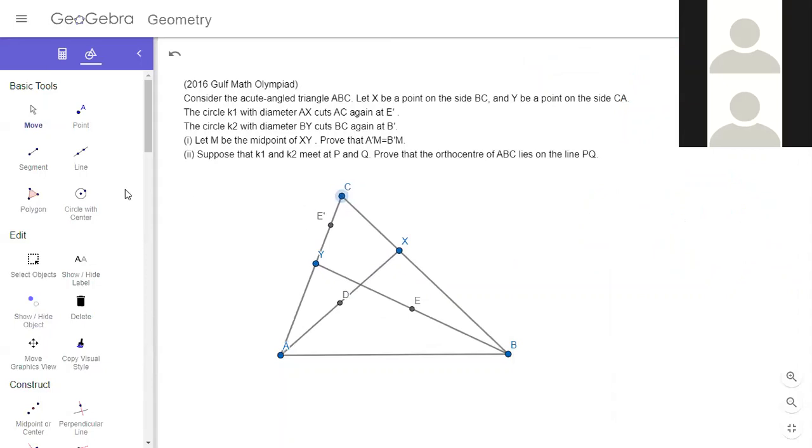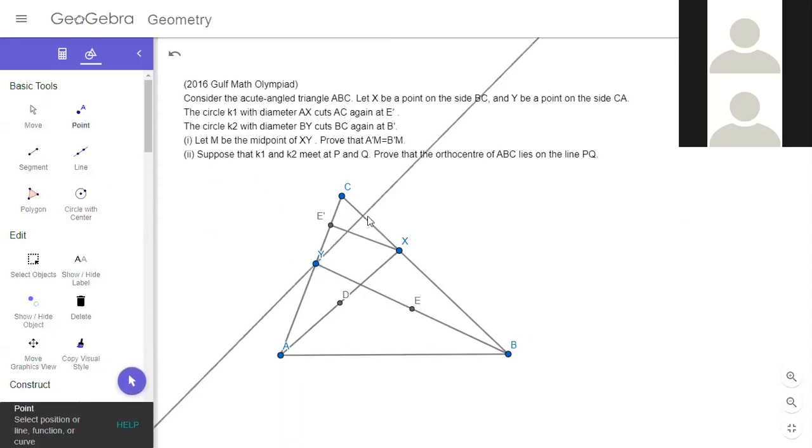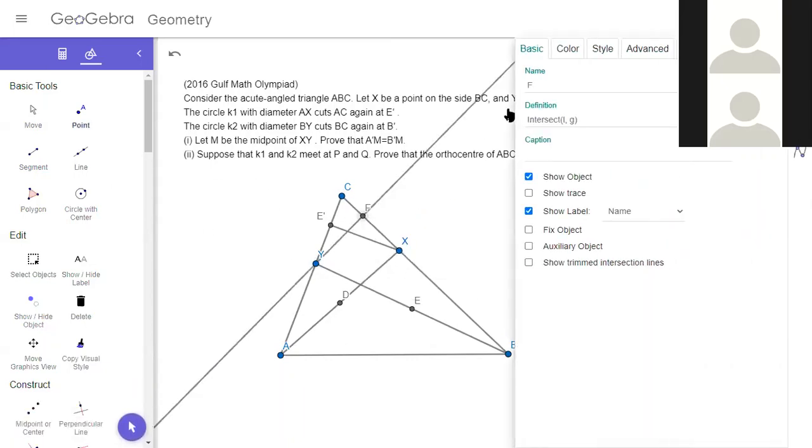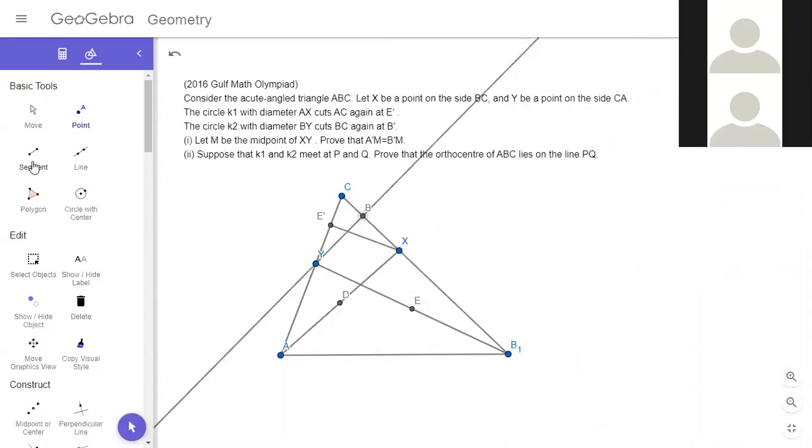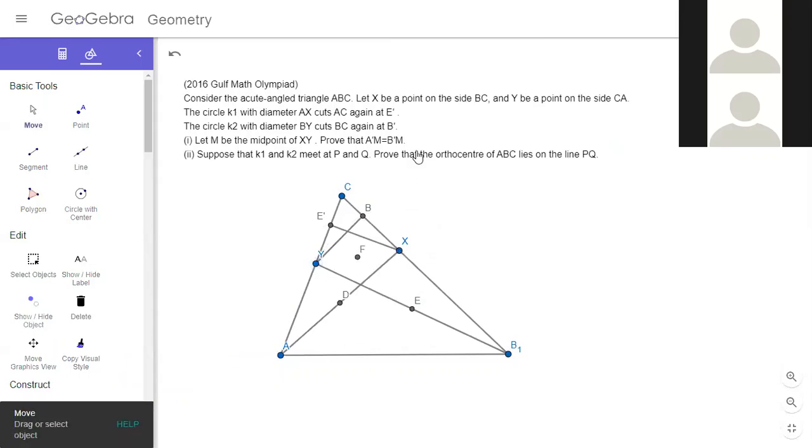So this, they call it E prime, and then they call it B prime. It's kind of interesting. And let M be the midpoint of XY. And we want to show that A prime M is equal to, what is A prime?